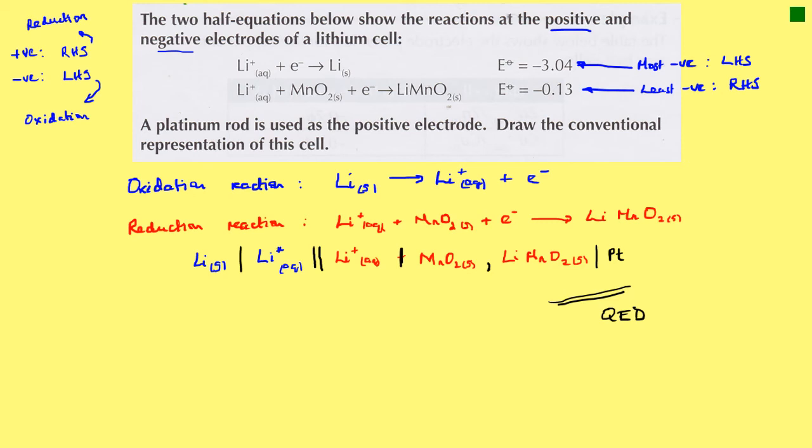We're also told that a platinum rod is used as the positive electrode, and we're asked to draw the conventional representation of this cell. Okay, so let's go through it step by step.